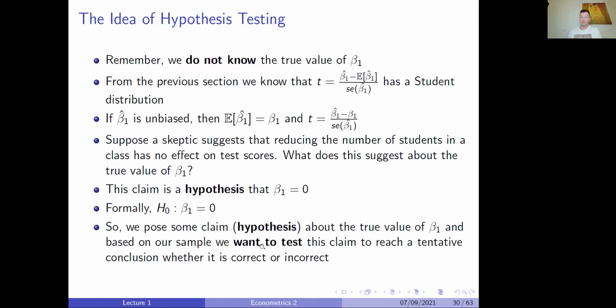So we pose some claim, a hypothesis, about the true value of beta 1, and based on our sample we want to test this claim to reach some tentative, careful conclusion whether it is correct or incorrect. Based on our sample estimates and on the t-value, we are able to test this hypothesis.